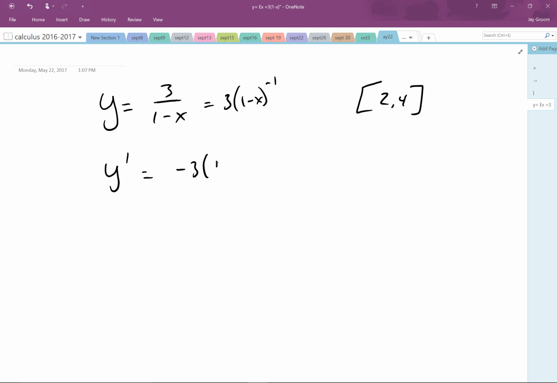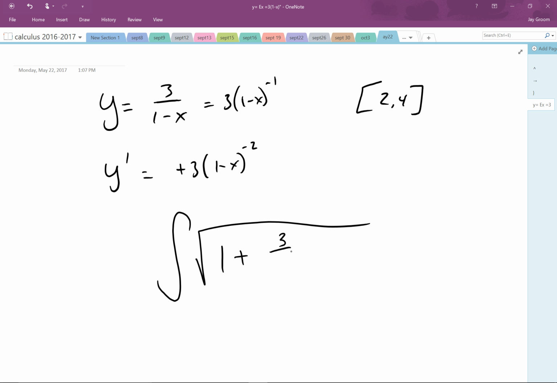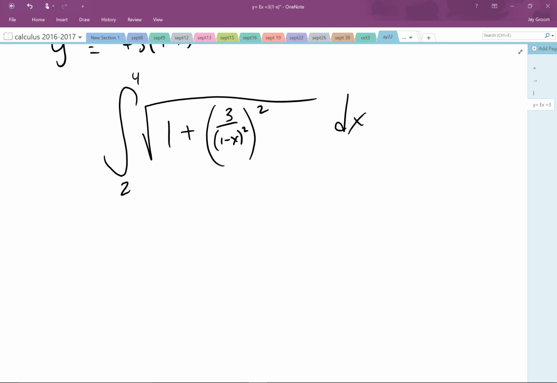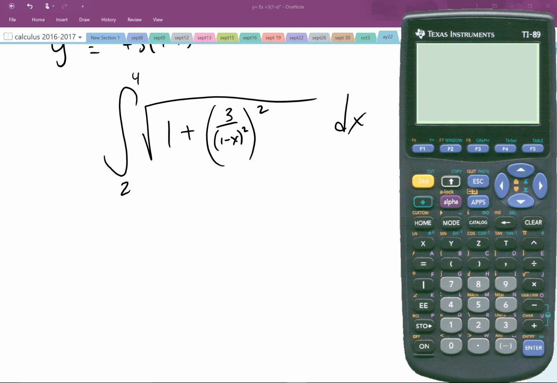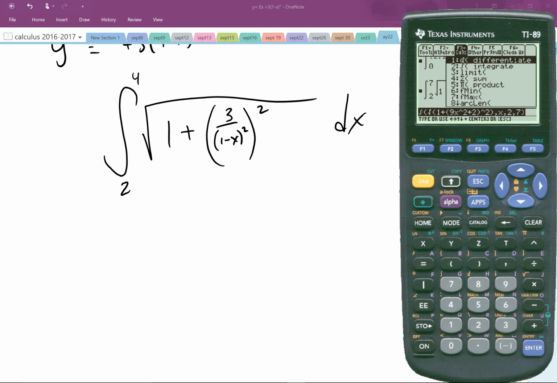All right. So 1 minus x to the minus 2 times negative 1, right? Right? Nice. So this is one where you probably back in the day would have done some fancy maneuvering and probably could have factored some stuff out and made this one work. But suffice it to say, here we are.